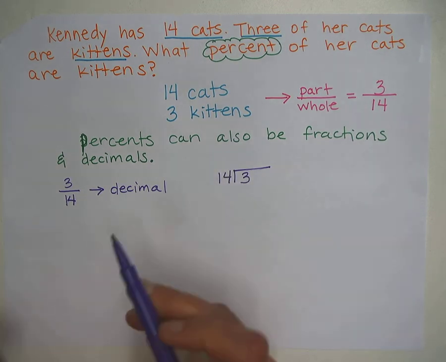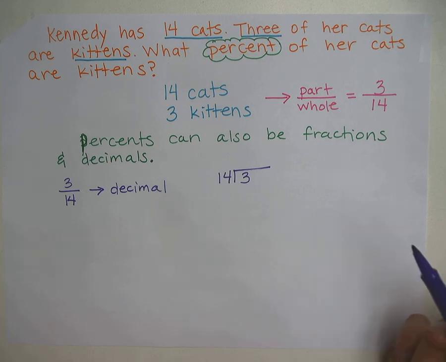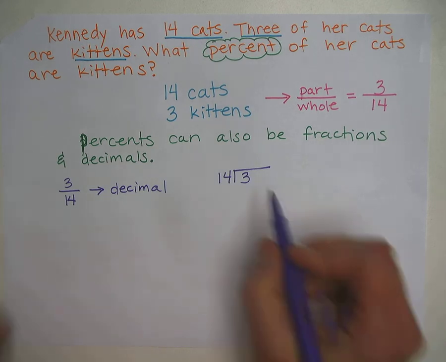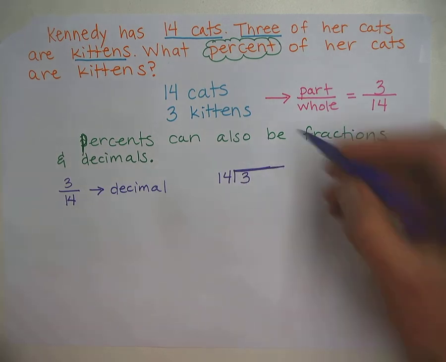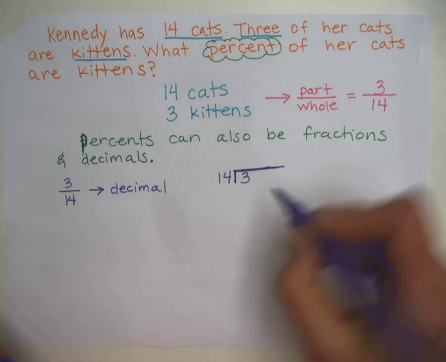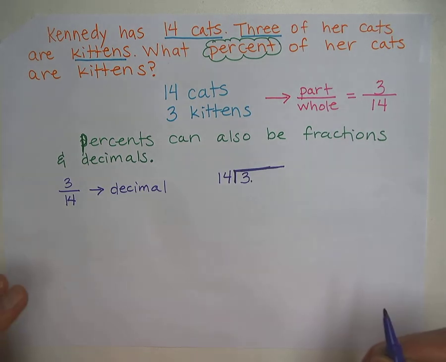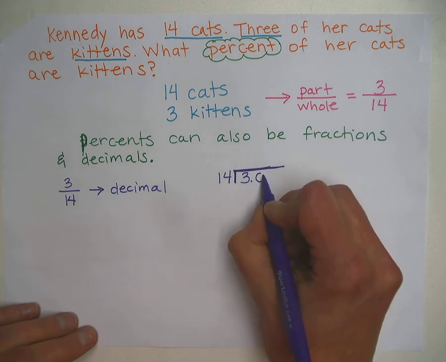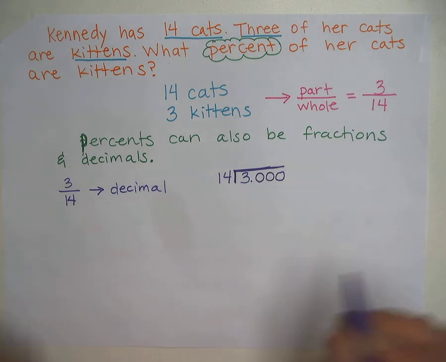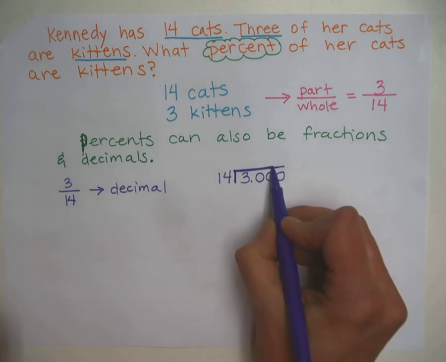Top number in the house. Okay, so now we have 14 into 3, and 14 doesn't fit into 3. So what do we do? Well, I've been telling you guys that if it doesn't fit, then you can add a decimal. That's still 3. And then add 3 zeros. And that's just one of the ways that I've been teaching you guys how to do the division.